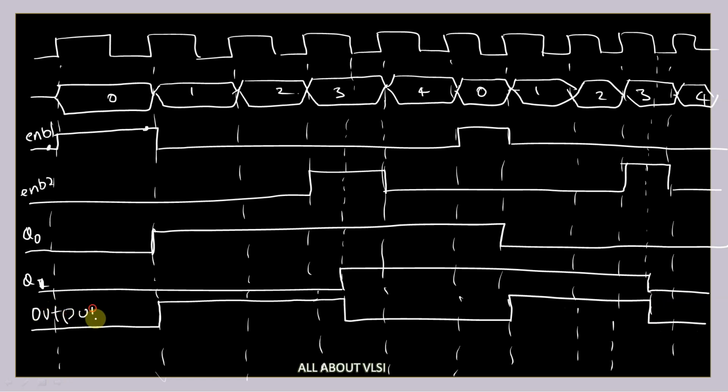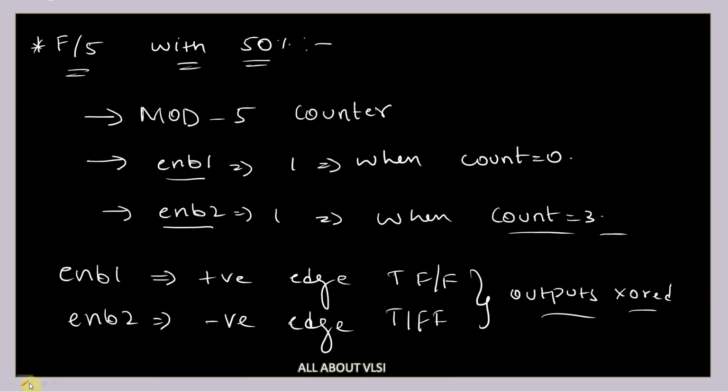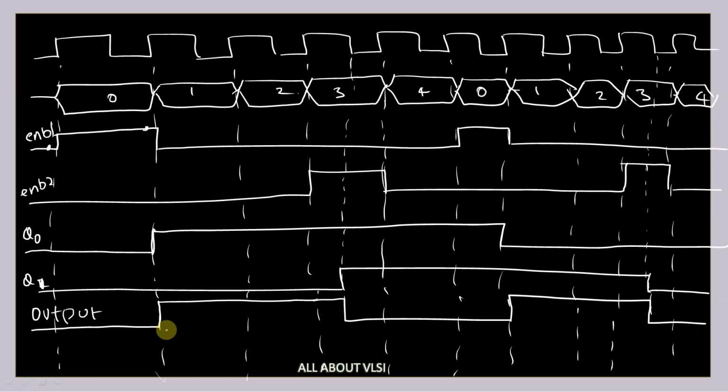So this is my waveform, this is my output. Let us try to find out the time period. This is one cycle, and this is the second cycle, this is 1, this is 2, and this is 0.5. So for 2.5 cycles, my output is equal to 1.